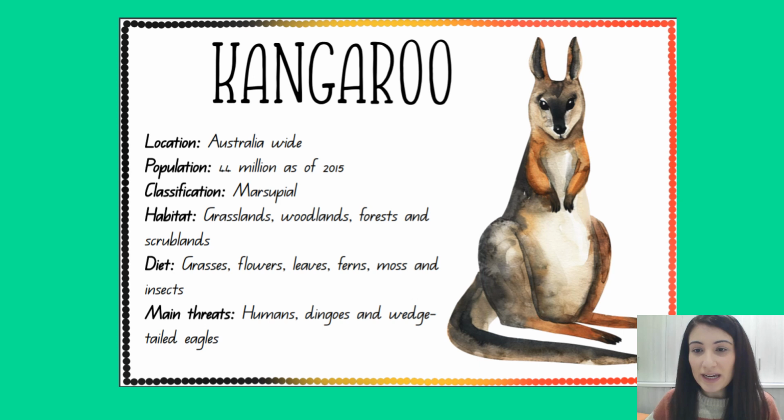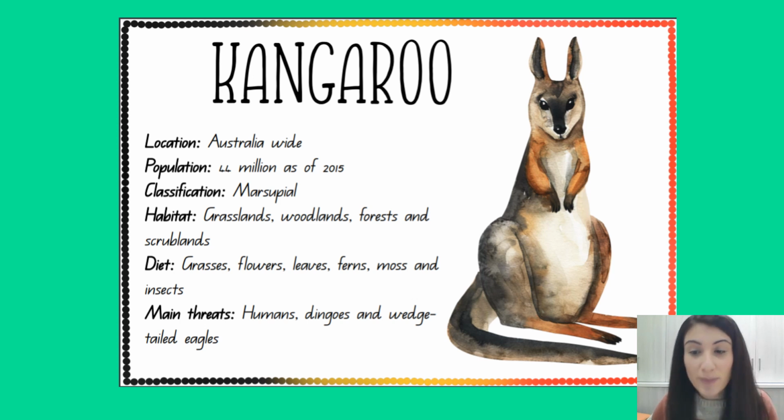So I'm going to be just showing you some snippets, some short bits of information about some Australian animals. And you might like to come back to these slides later. If you decide you want to write an information report about a kangaroo, maybe you might come back to this slide and pause it, and you might see some information here on this page that you could actually use for your gathering information chart.